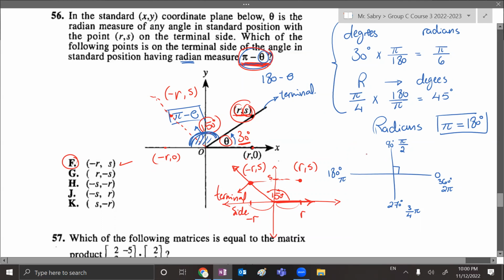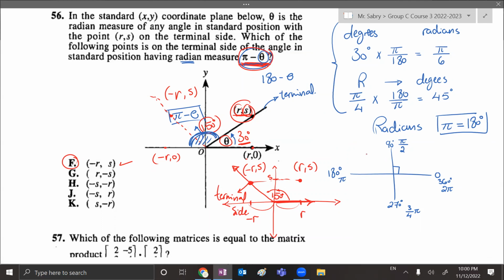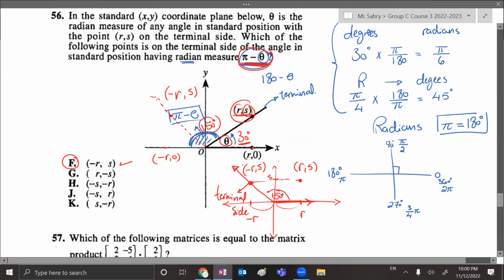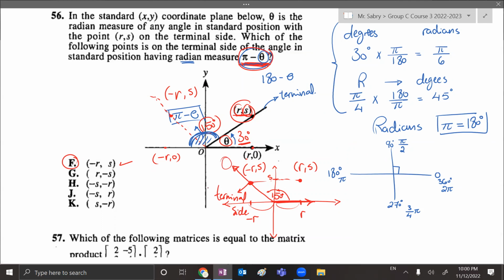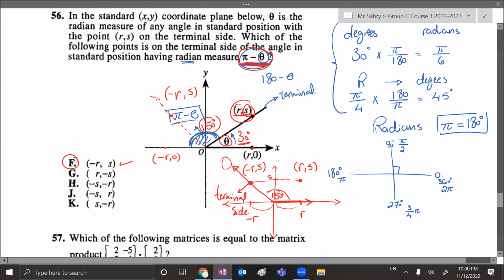You get the fact that the terminal side should be on the left, right? So it's going opposite to the x-axis. Yes. So what we're 100% sure of is that this is a point in the left quadrant.